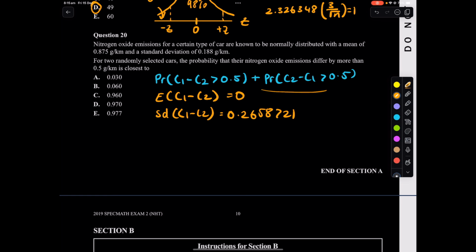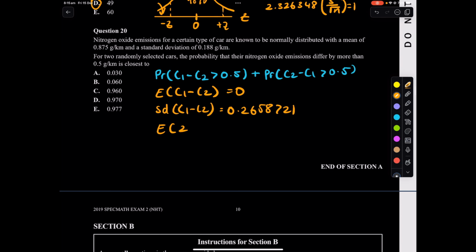Then we also have to do this. But be careful. No, not even be careful. Isn't it the same value as these? Like the expected value of C2 minus C1. It's the expected value of C2 minus the expected value of C1, which is still 0, because remember the standard deviations are the same. So again we get 0, and the standard deviation of C2 minus C1 is also going to be the same, because the standard deviations are the same for both cars.